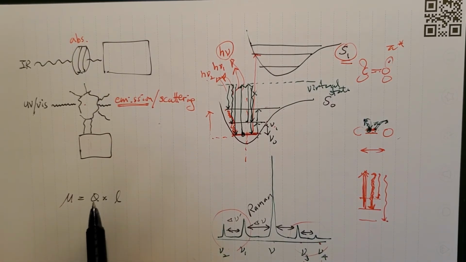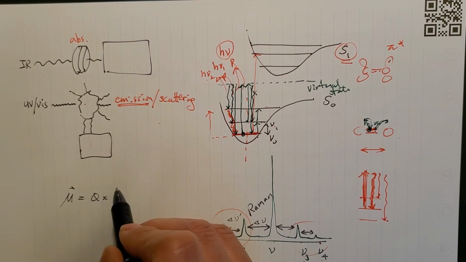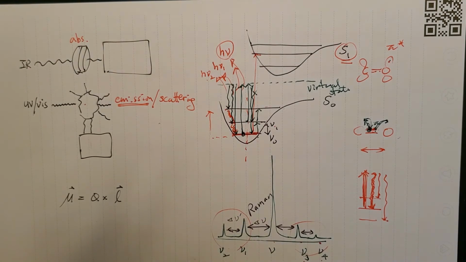So charge times distance, and the dipole moment can be a vector, but the vector can be expressed by the linear combination of just x, y, and z.